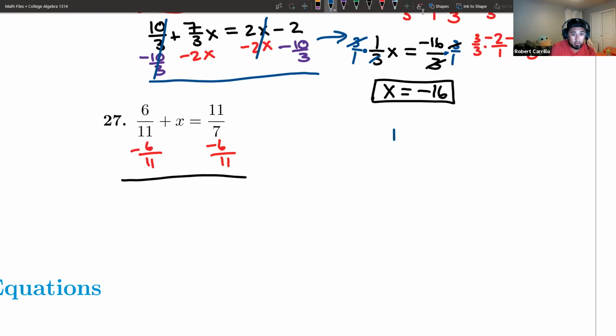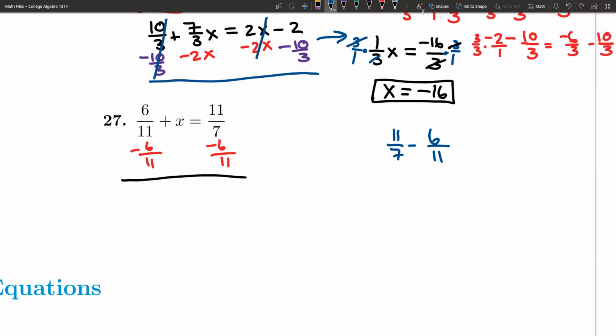So if I look at this one, 11/7 minus 6 over 11. What is the common denominator between 7 and 11? 77.